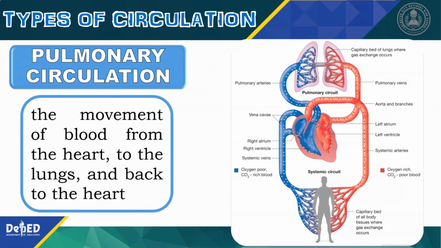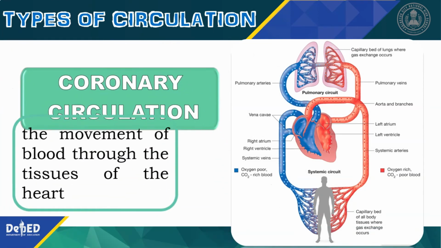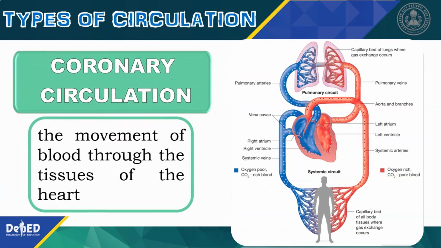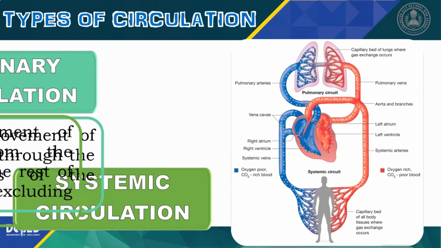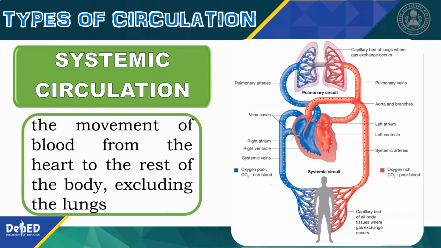Pulmonary circulation is the movement of blood from the heart to the lungs and back to the heart. Coronary circulation, from the word itself, is the movement of blood through the tissues of the heart. Meanwhile, systemic circulation is the movement of blood from the heart to the rest of the body, excluding the lungs.